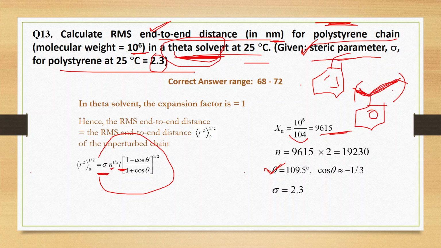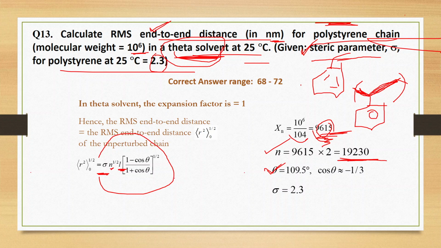That means one polystyrene molecule contributes 2 carbon-carbon bonds. So after getting the degree of polymerization value, you know there are 9615 styrene molecules in this polymer. Each styrene monomer contributes 2 bonds. That means the total number of bonds will be 9615 into 2, so that will be 19230.